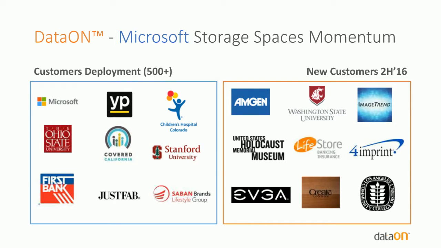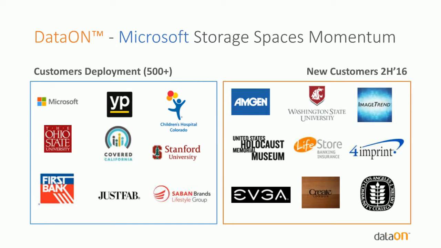Not only have we deployed these solutions into small and medium enterprises, but more importantly, large Fortune 500 companies such as Yellow Pages, Children's Hospital, and Stanford are all adopting Microsoft storage, using all the features and capabilities, and really replacing their traditional SAN storage.